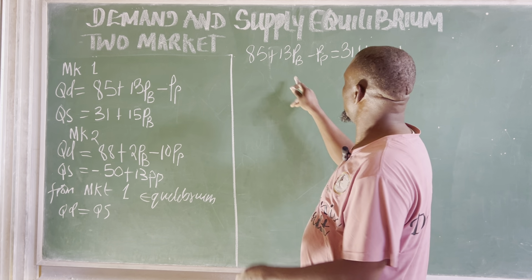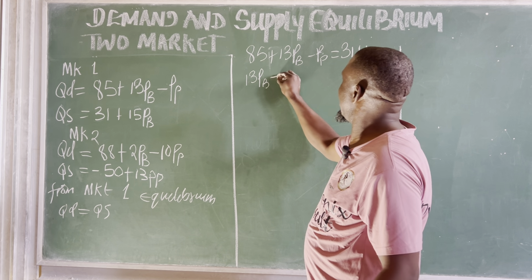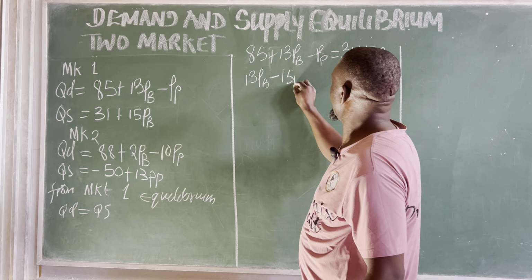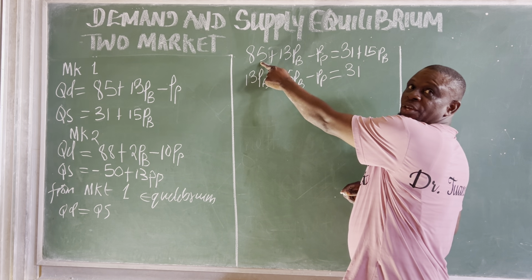So the first thing we'll have here will be 13 PB. Now let's look at any term containing PB. Yes, there is one here, plus 15 PB. So it will cross to the other side to be minus 15 PB. And then the next we have is minus PP. Any other term containing PP? No. So we'll have equal to, and after the equality sign we have 31. What other constant do we have? 85.